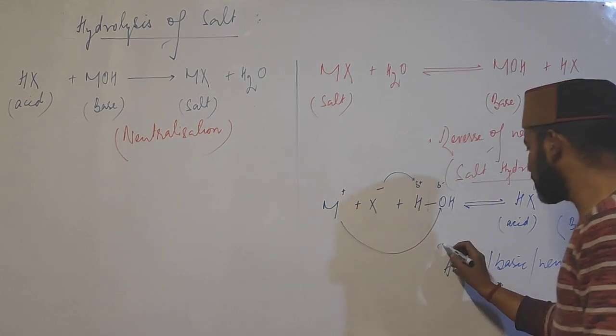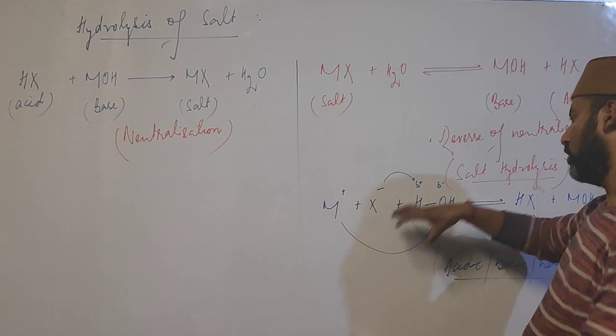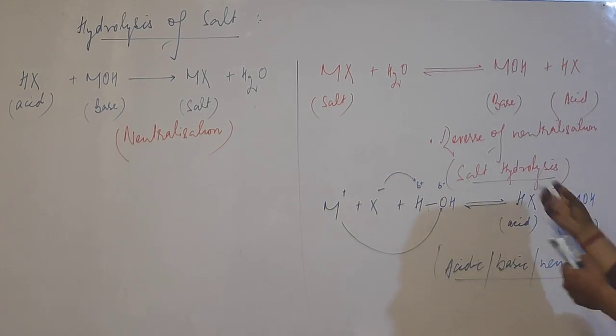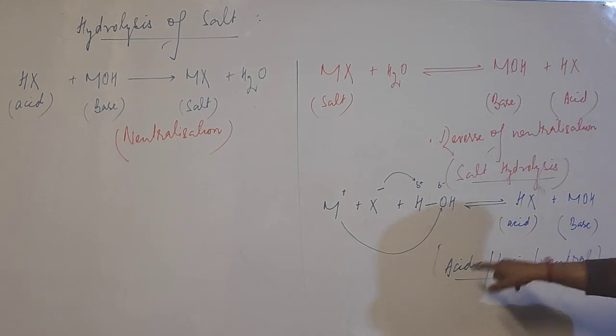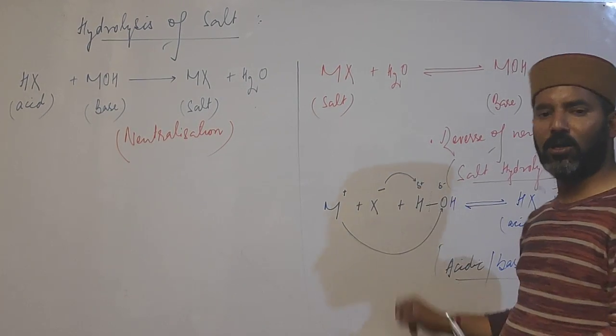So this process involving interaction of cations and anions of the salt with water, resulting in the formation of an acidic, basic or neutral solution, is called salt hydrolysis.